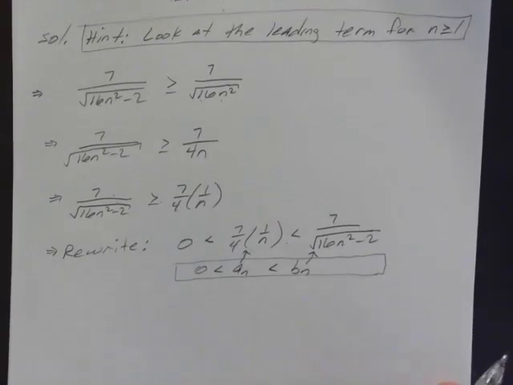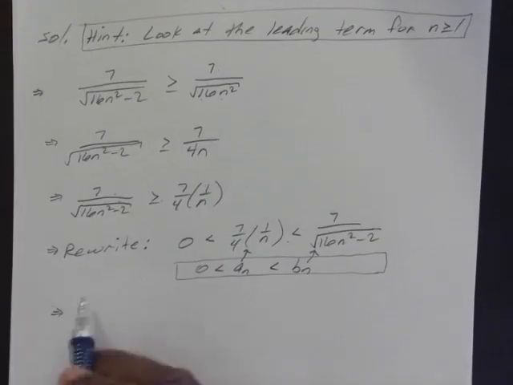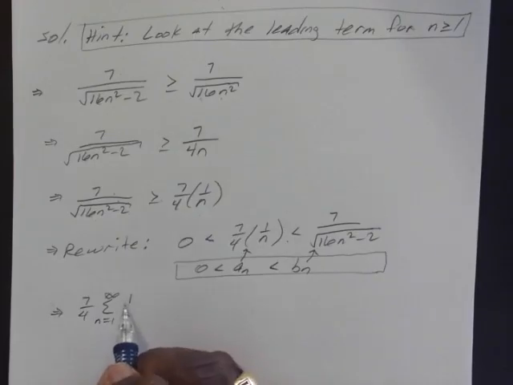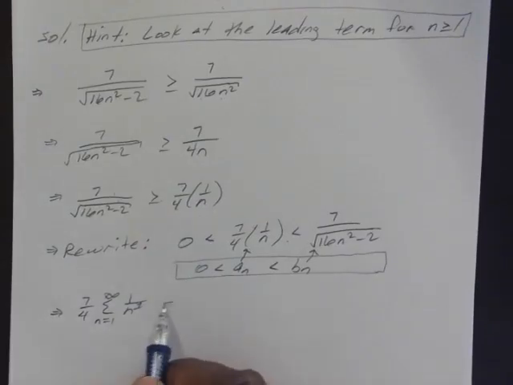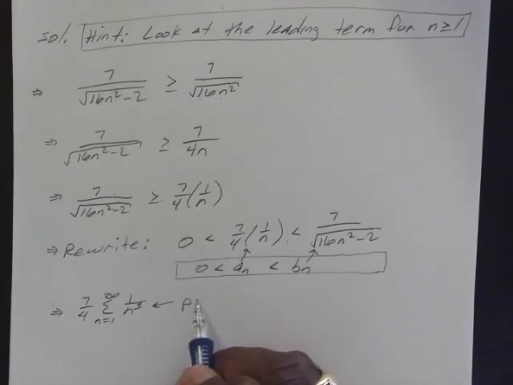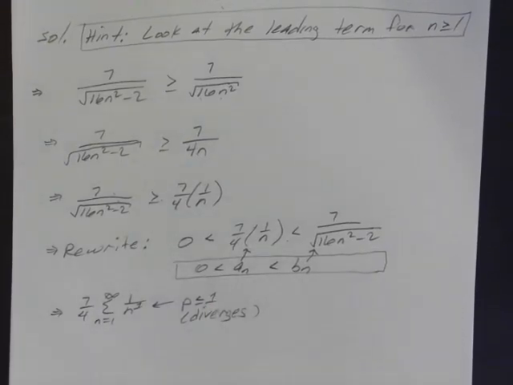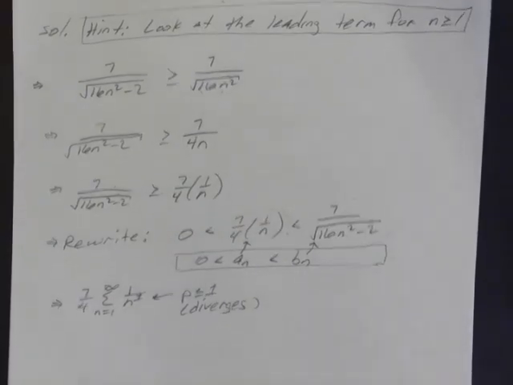Okay, so using a sub n, again using the p-series, since that one's a little easier: if we have 7 over 4 times the sum from n equals 1 to infinity of 1 over n to the first power, we know that when p is less than or equal to 1, it diverges. So if this is divergent, then this is also divergent.